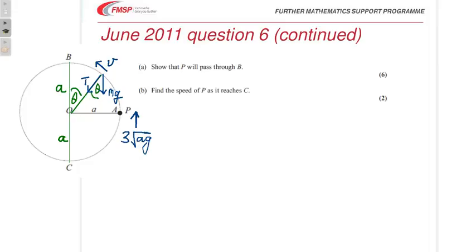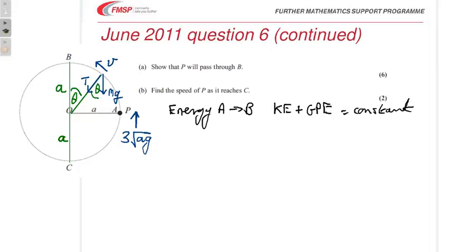Okay, so we'll start by looking at the energy equation going from A to B. The total KE plus GPE is constant in this sort of problem because there's no work done by the tension in the string. So the KE, half m v squared, becomes half m (3 root ag) squared, which is 9ag.